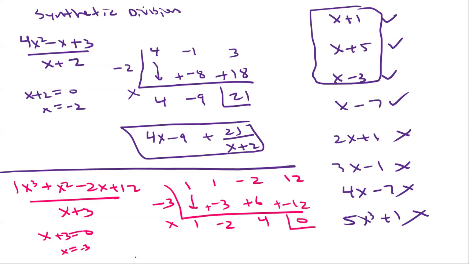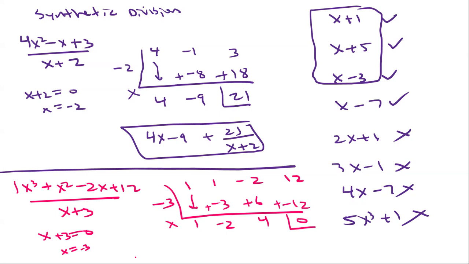All right. So I was saying earlier, what does that mean? That means that -3 is the root of this polynomial, or x plus 3 is a factor of this, right? Because it divides out evenly. Okay.